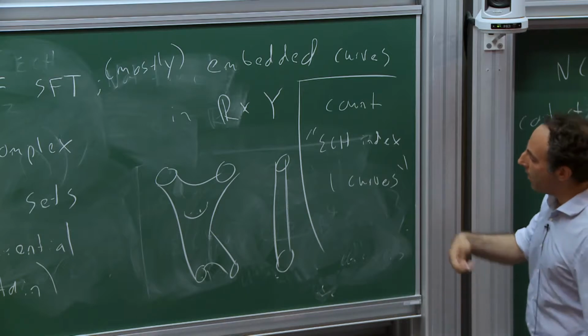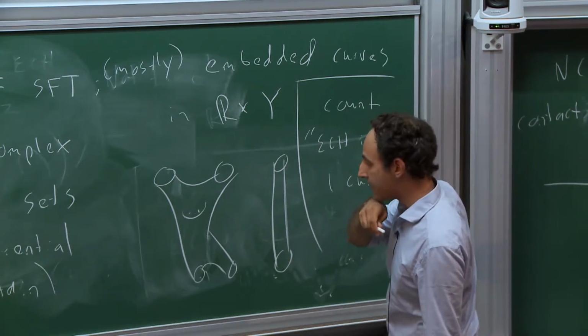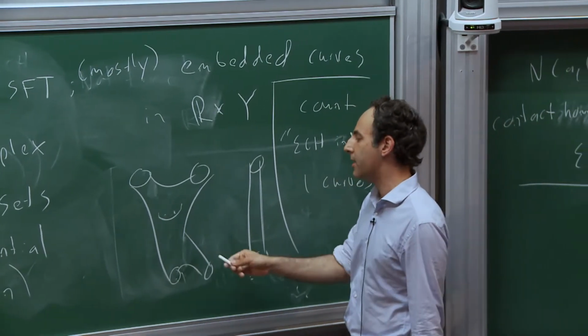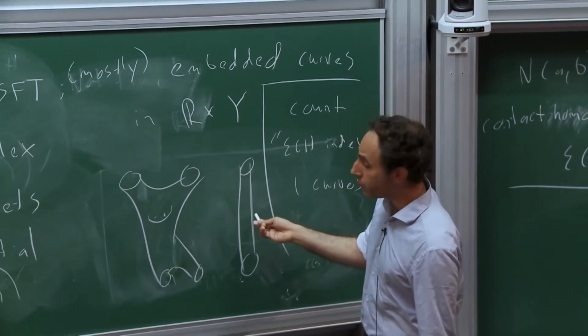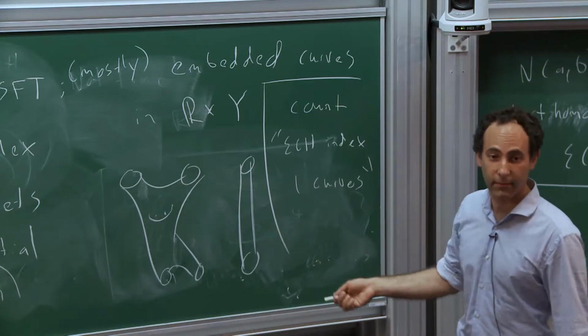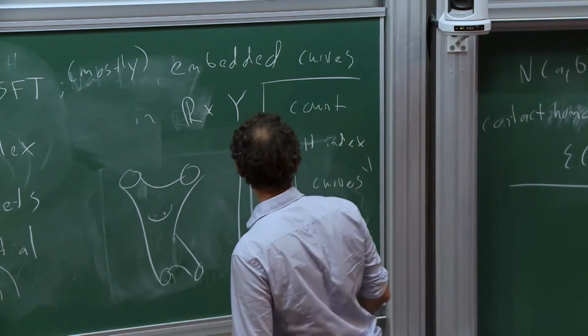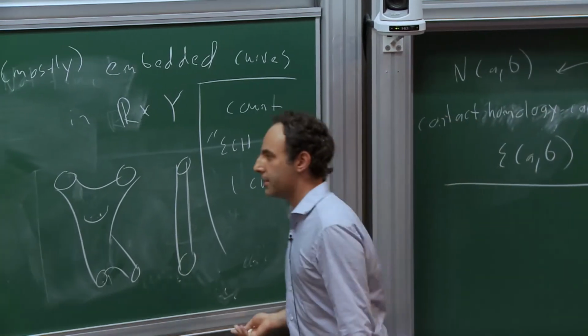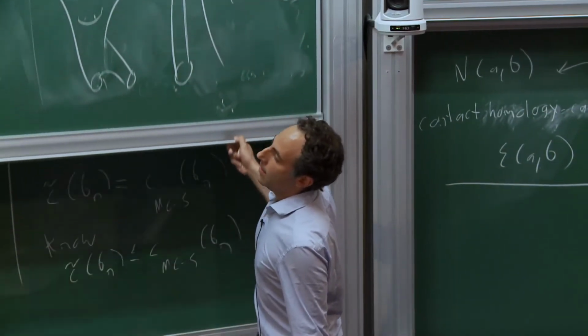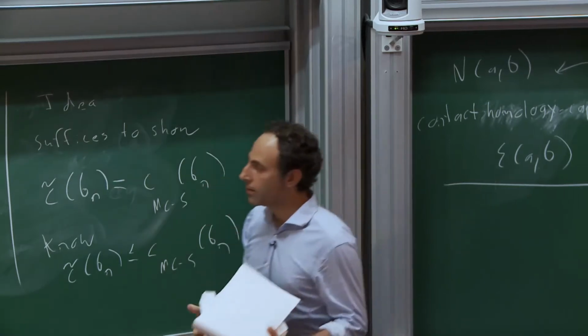And that somehow forces the curves to be essentially embedded. What I mean when I say mostly embedded is a component like this actually has to be embedded. But if I have a trivial cylinder here, this could be multiply covered. OK. So this ECH index is a great thing. This is all due to Hutchings, of course.